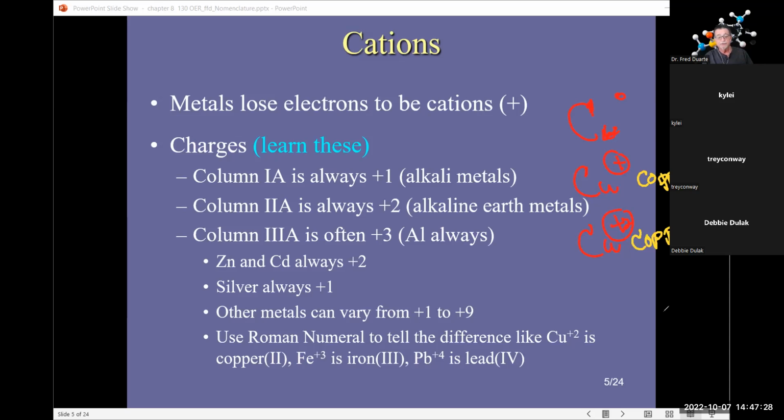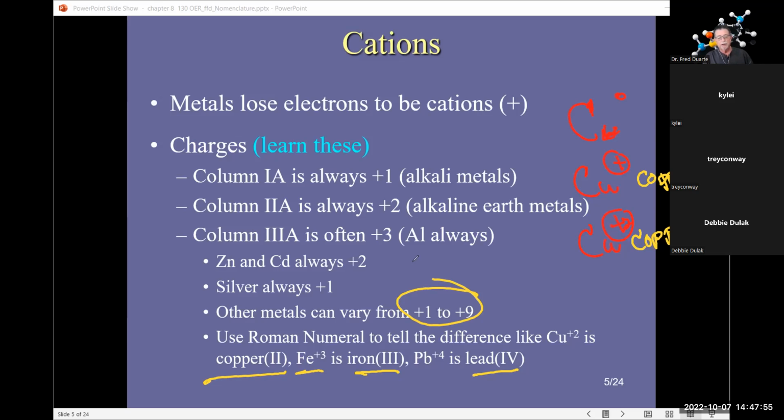Don't forget the parentheses. So down here, we got copper 2 is the +2 oxidation number. Iron will be written as iron 3. Lead will be written as lead, Roman numeral 4. Okay. And like I stated, all the metals can vary from a +1 to a +4.